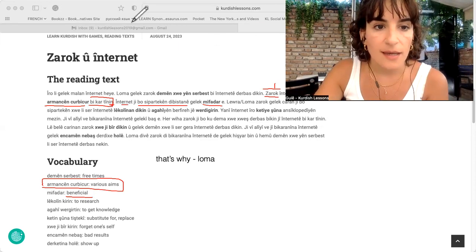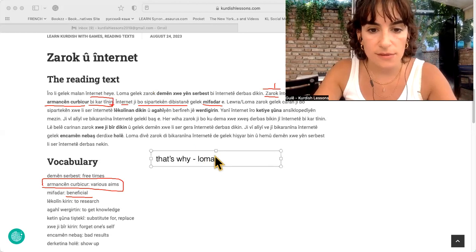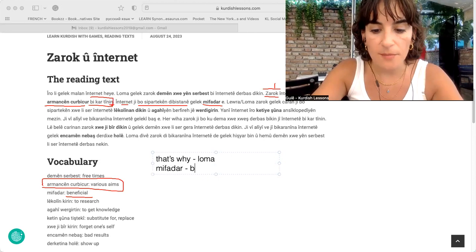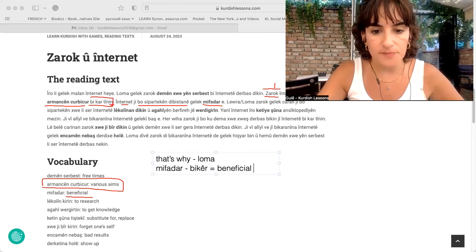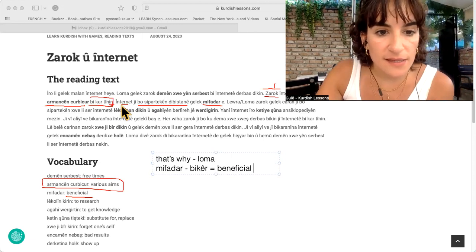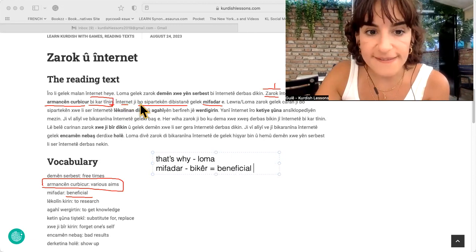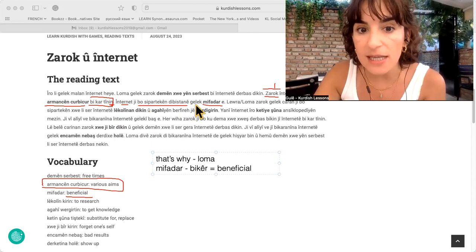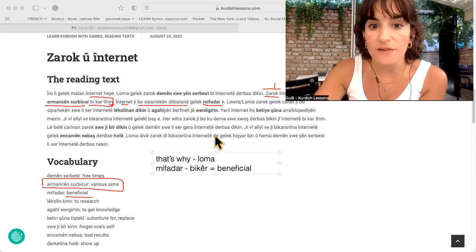A synonym for this will be bikêr. Beneficial, okay? So, internet ji bo xebatên dibistanê for school homework gelek mifadar e. It's very useful, very beneficial.